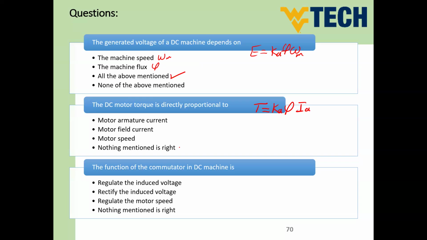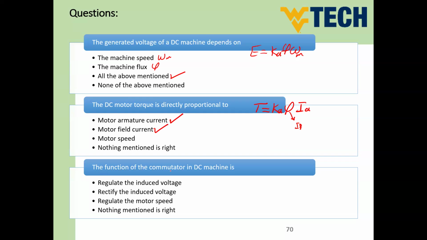So motor armature current is correct. What about motor field current? Actually, motor field current is correct as well, because phi depends on the motor field. So in this case, we have two answers, and these two answers are correct.